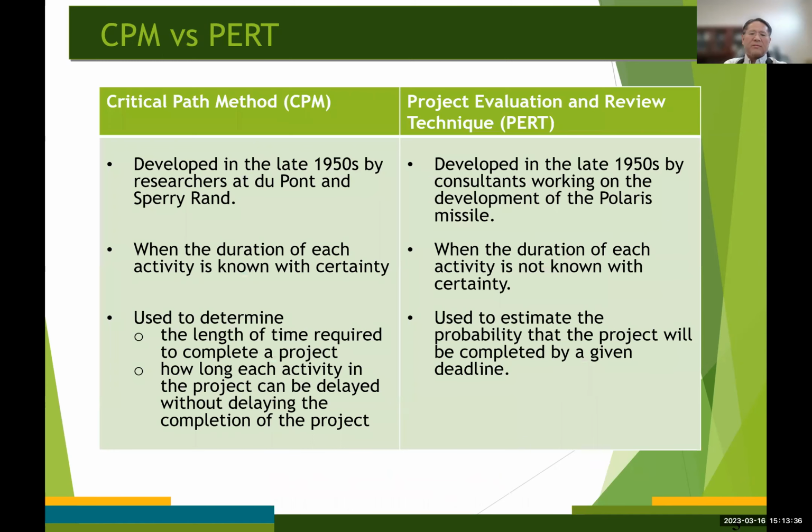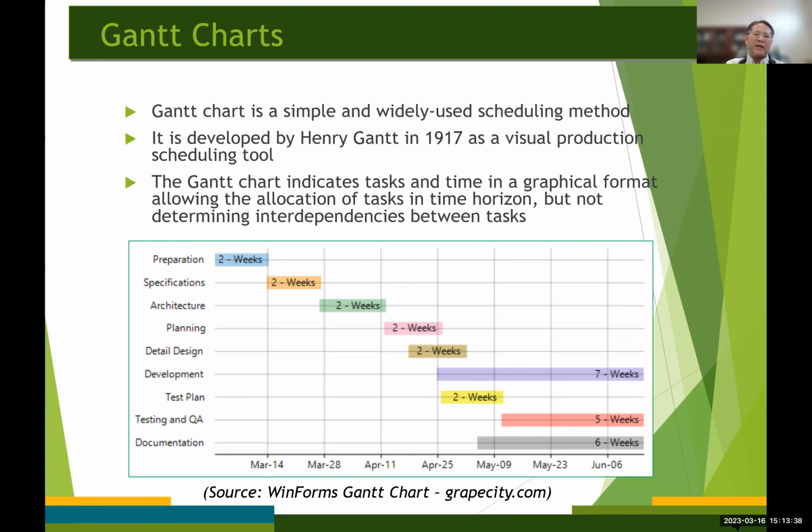Okay, and just to let you know, the Gantt chart indicates the tasks and the time in a graphical format like this, which allows the allocation of the tasks or activities in the time horizon.